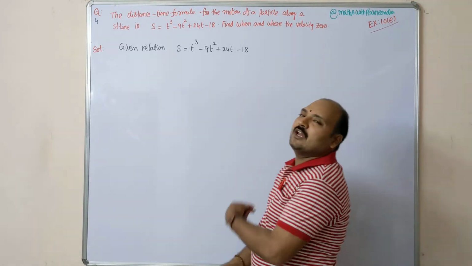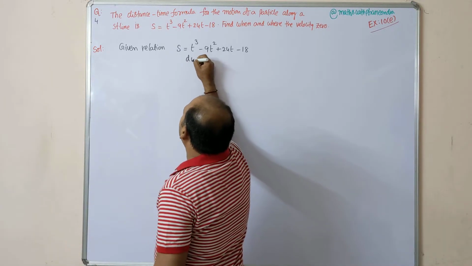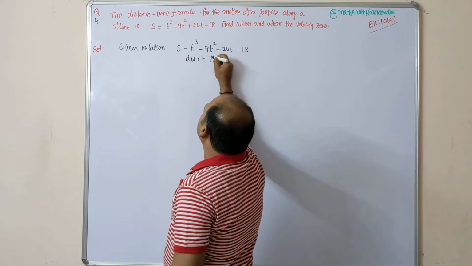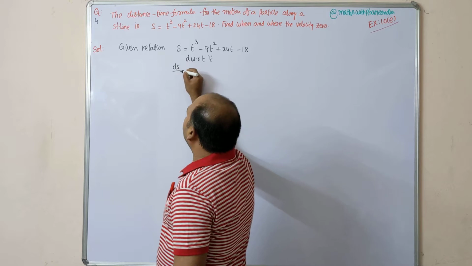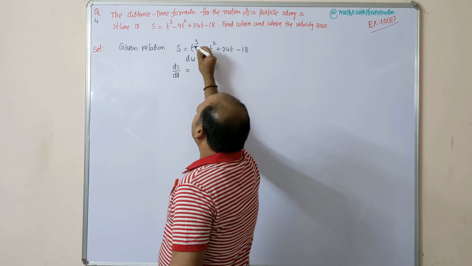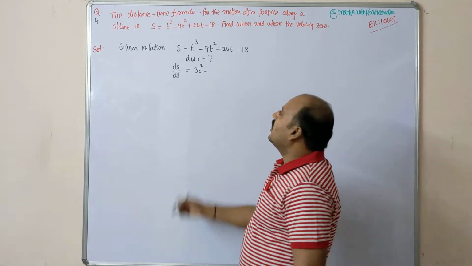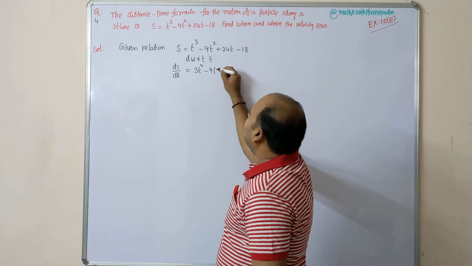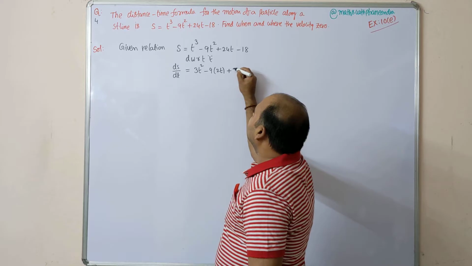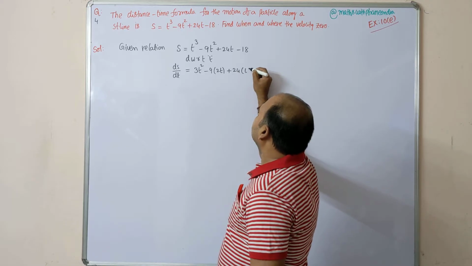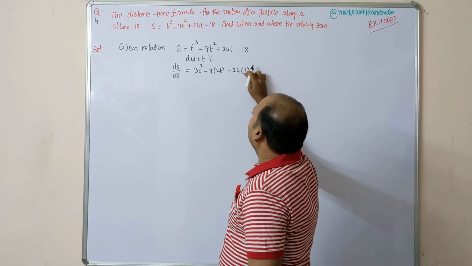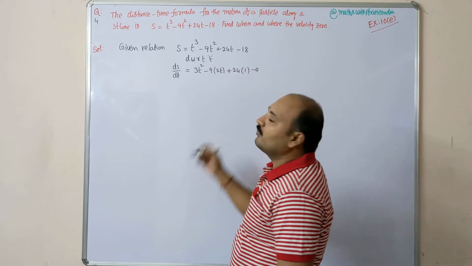So first velocity calculate. So differentiate with respect to t. So ds by dt equal to t cube derivative 3t square minus 9 into t square derivative is 2t plus 24 into t derivative is 1 and constant derivative 0.